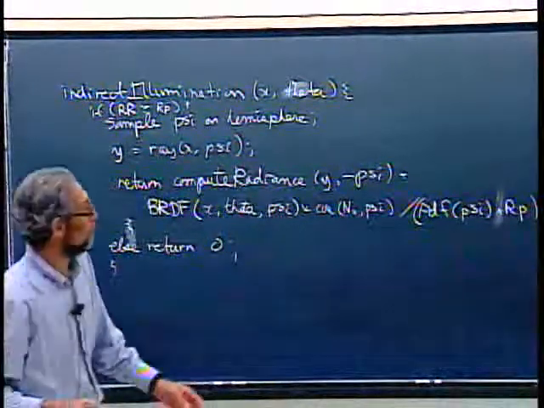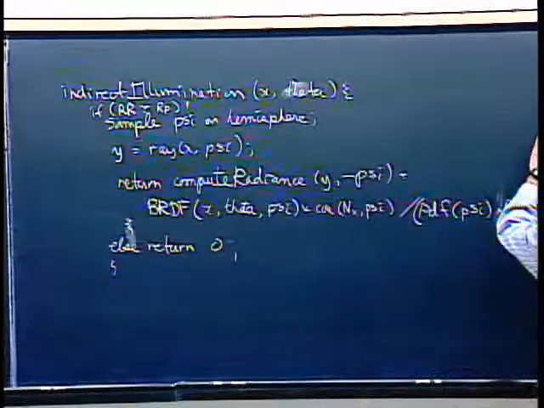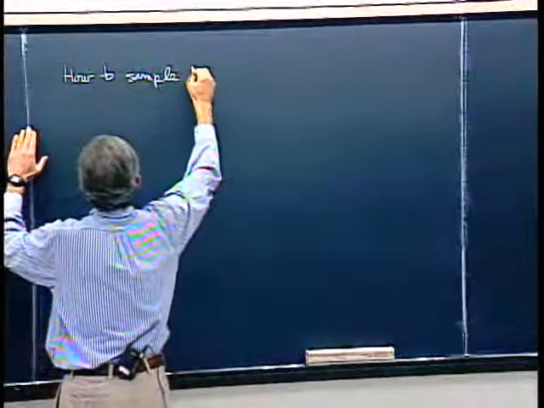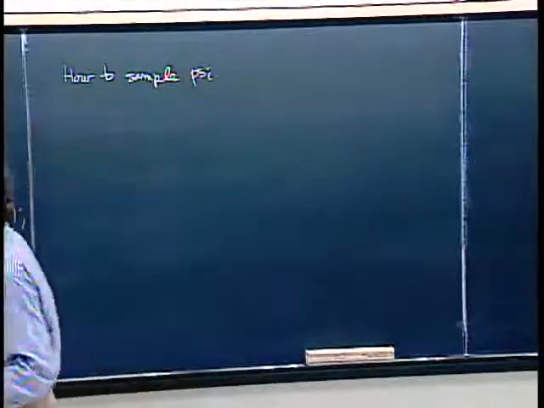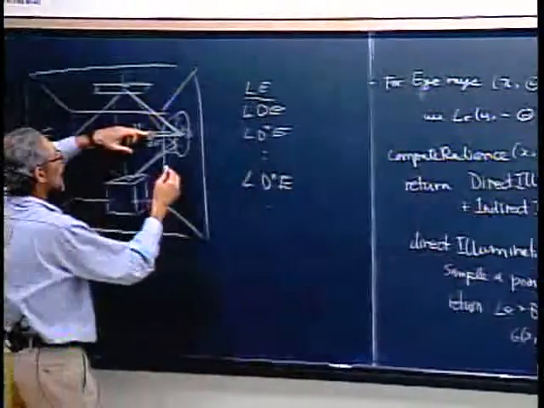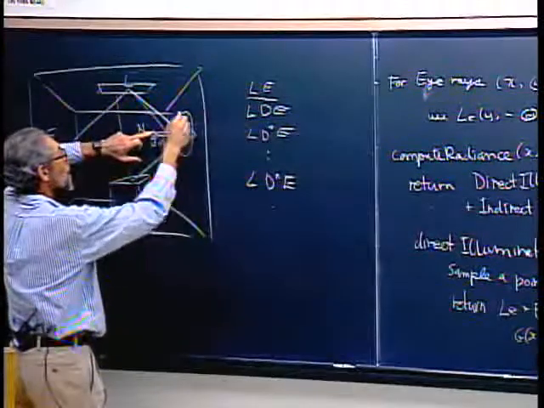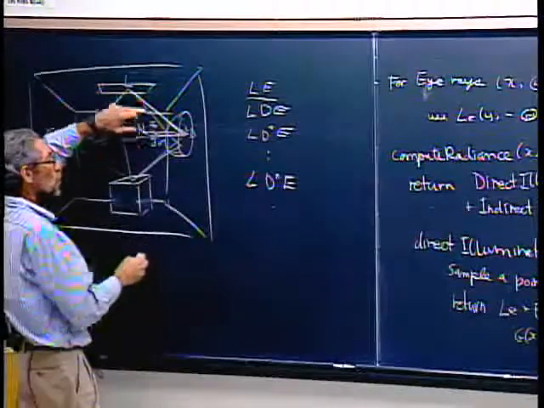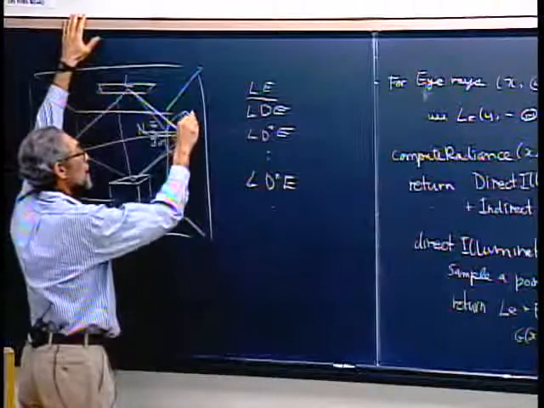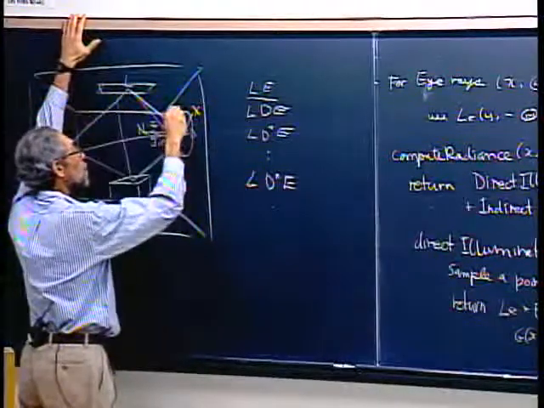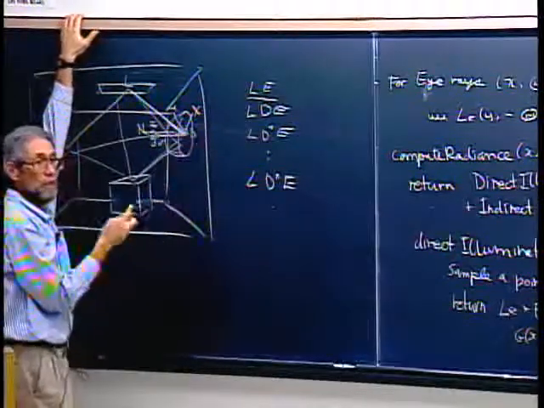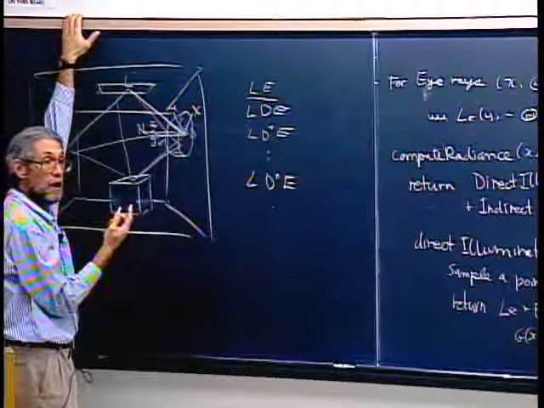So now, the other thing which I think I've said before is how to sample. What we need to do is make a hemisphere around here with the North Pole being the z-axis of the hemisphere, which means we still need to choose an x-axis and a y-axis, both perpendicular to the normal, somewhere in this frame, because we need both the phi and the theta.